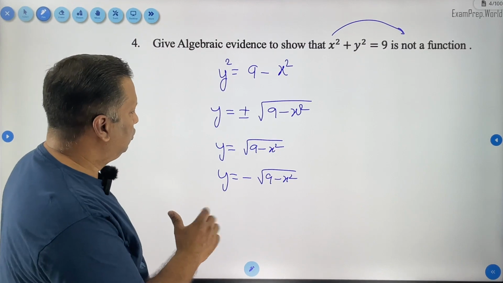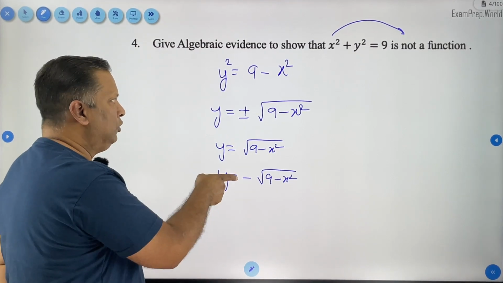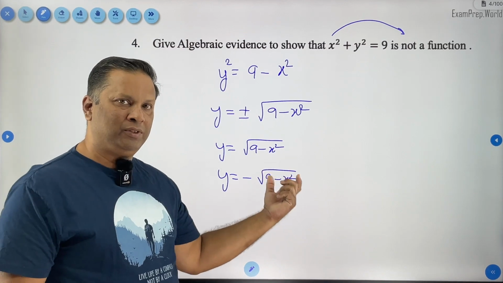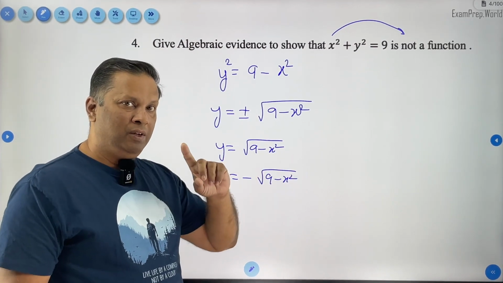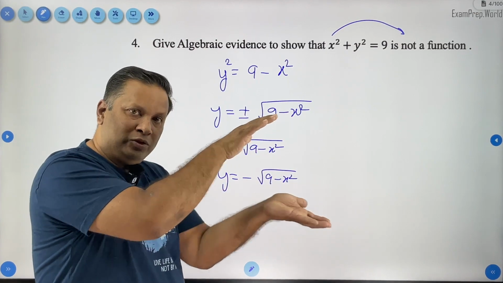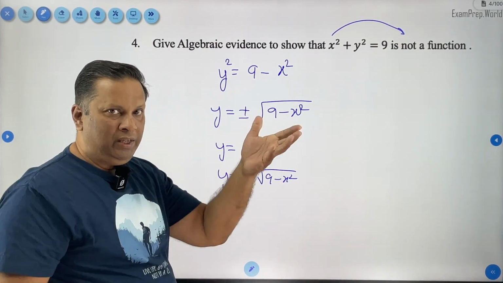So what do we see here? y has two values. For any given value of x, y will always have two different values. So for one element in x, y is having two values. So one to many is not a function.